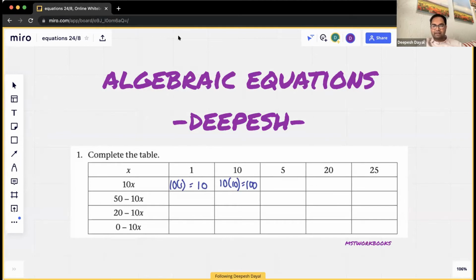Once you're done filling in the entire table, you can just type done.